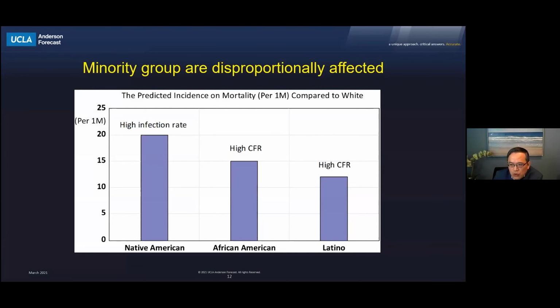So here I show you Native American, African American, and Latinos, Hispanics had a higher mortality rate than white. However, the cause is slightly different. We found that the Native Americans are due to much higher infection rate, while African Americans and Latinos are mostly due to their higher case fatality rate.